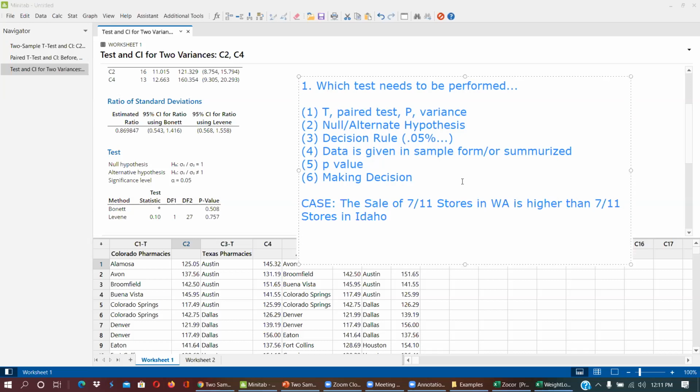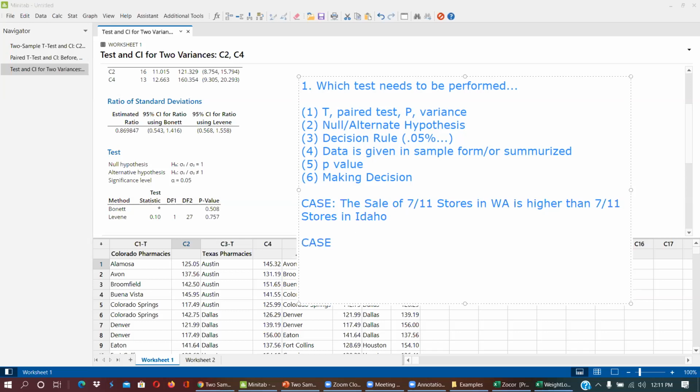Then what you are going to do is take a random sample of 7-Eleven sales records from Washington State and from Idaho, and then you are going to compare.